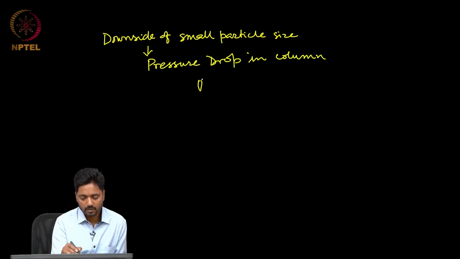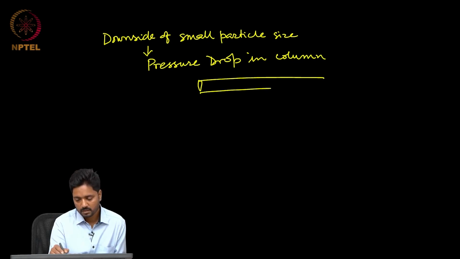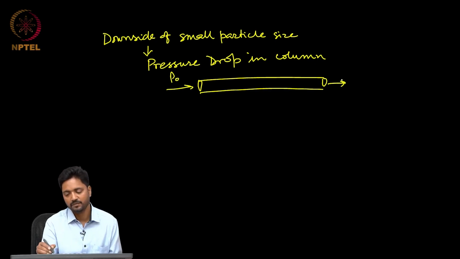So, if we are talking about a long column and we are applying a pressure P naught here, and we are measuring the pressure that is at the other end of the column, let us call it pressure P1.